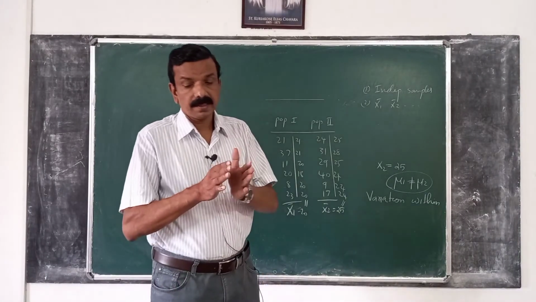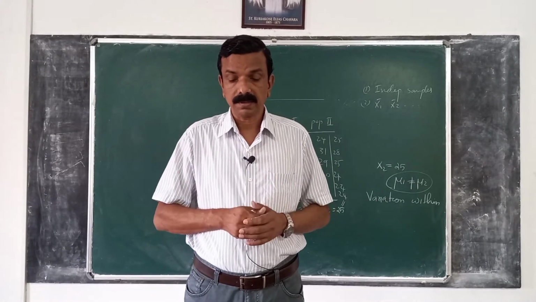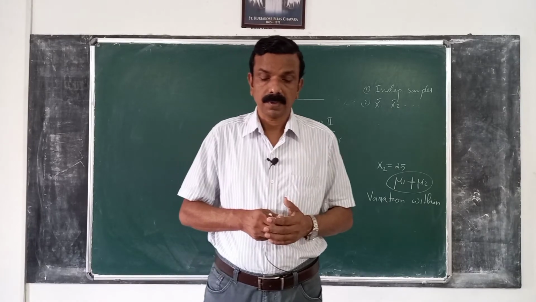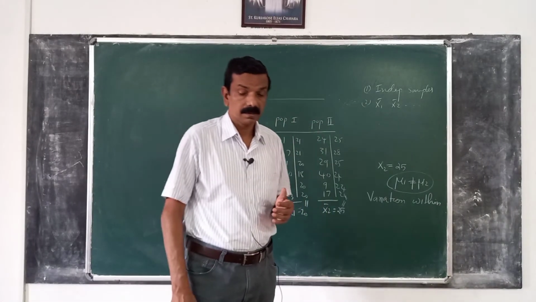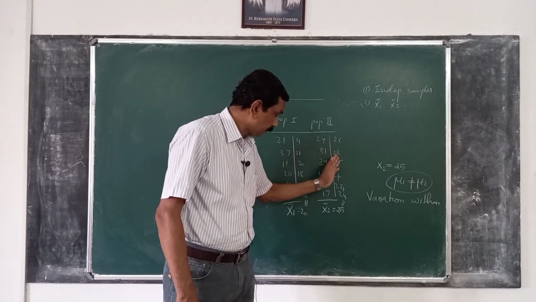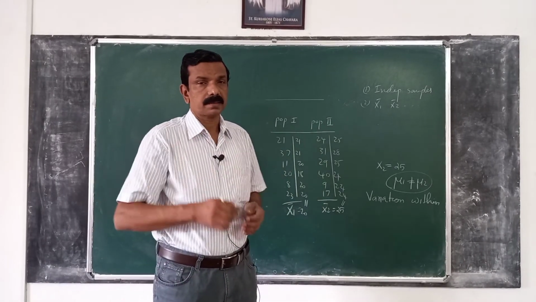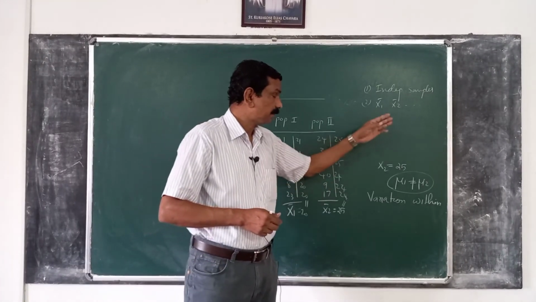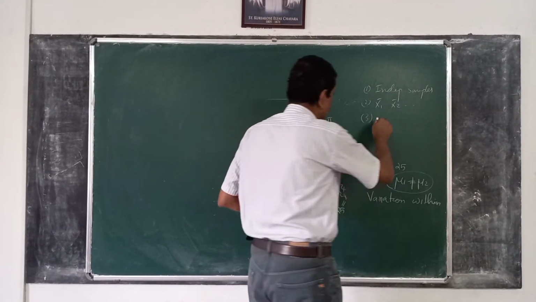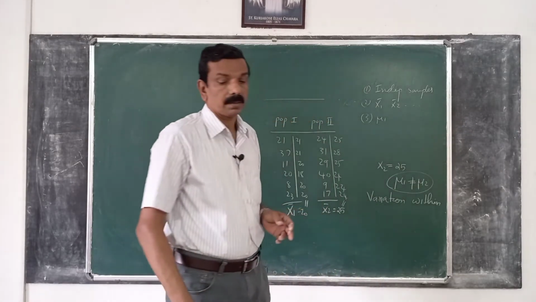So, if variation among sample means is large relative to variation within samples, conclude that means are not equal. We conclude that the means of the population are not same. mu1, mu2, etc., mu k are not equal.